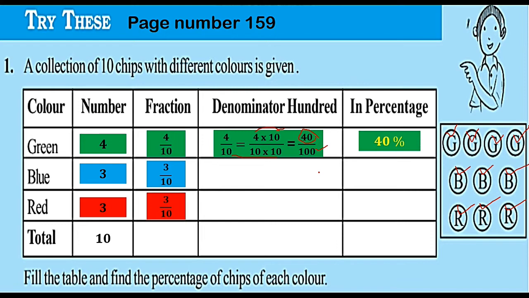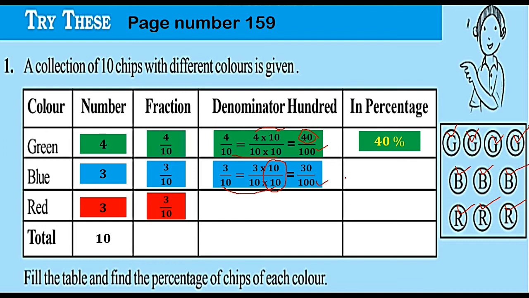Next for blue, denominator 100. It becomes so easy because denominator is 10 and 10 multiplied by 10 will give me denominator 100. Similarly, if I am multiplying denominator with 10, I will multiply the numerator also with 10.